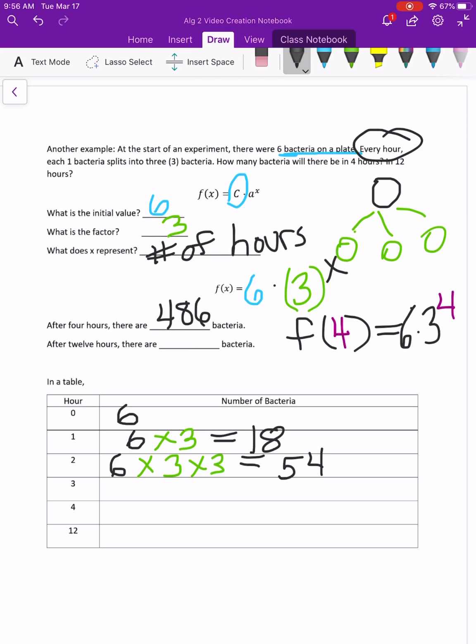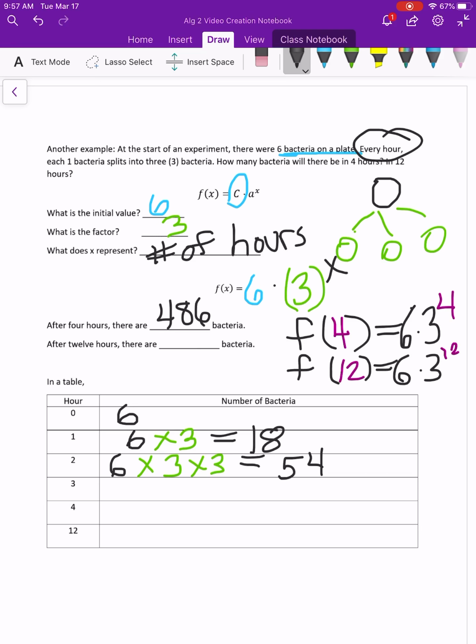And then if we want to do the same thing with 12 hours, we're just going to plug it in. Whenever you see the X, we're not going to put 4 anymore, we're going to put 12. If you plug that into your calculator, 6 times 3 raised to the 12 is a very big number.